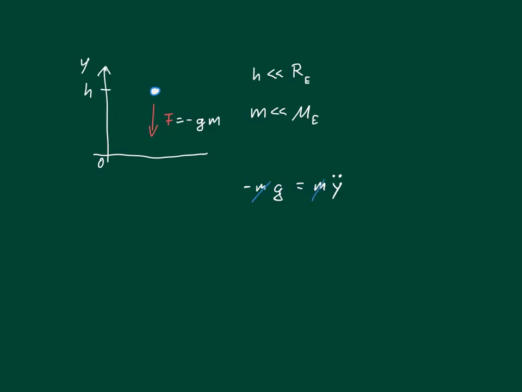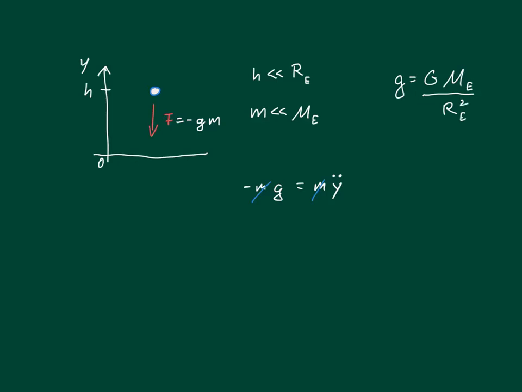So the acceleration is only depending on the standard gravity, and, a reminder, the standard gravity g is given by the gravitational constant times the mass of the Earth divided by the radius of the Earth squared.